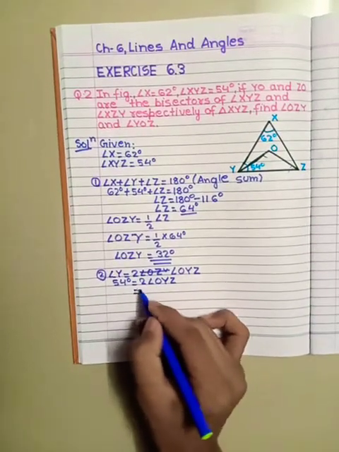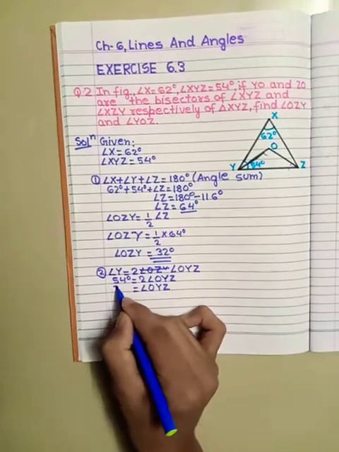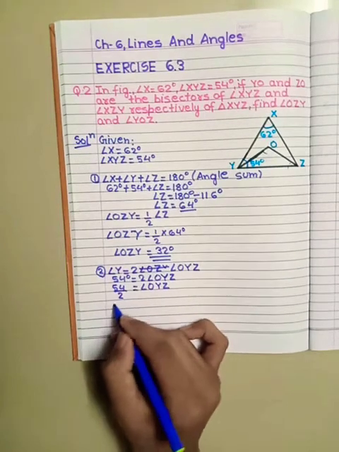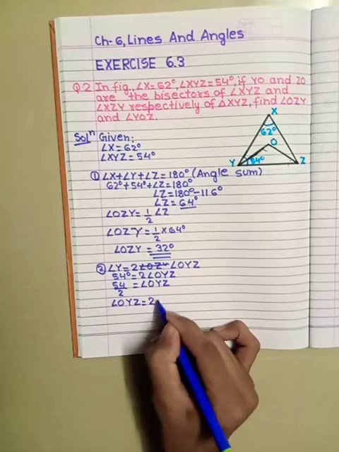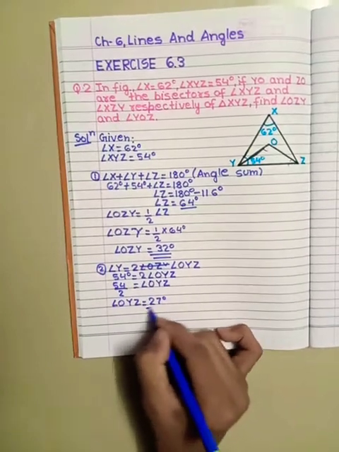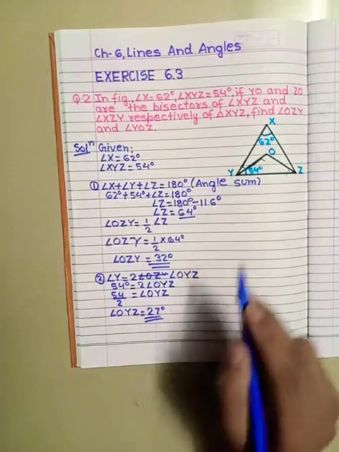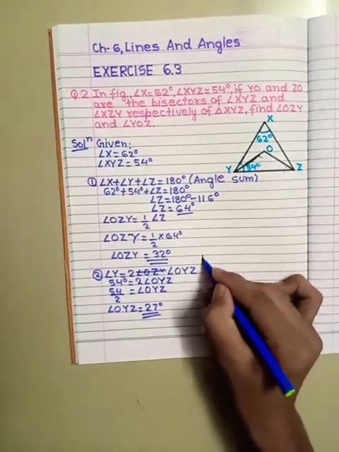So now angle OYZ will be equal to 54 divided by 2, which is 27 degrees. Now we have found angle OYZ, and now we are to find angle O. So let's do that.